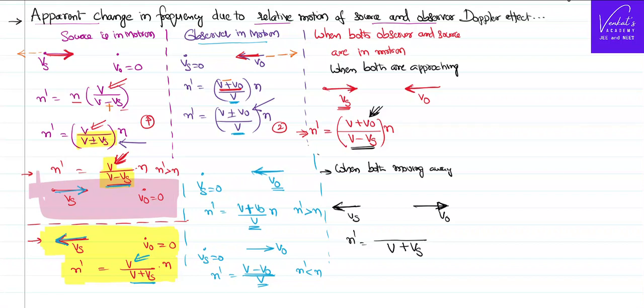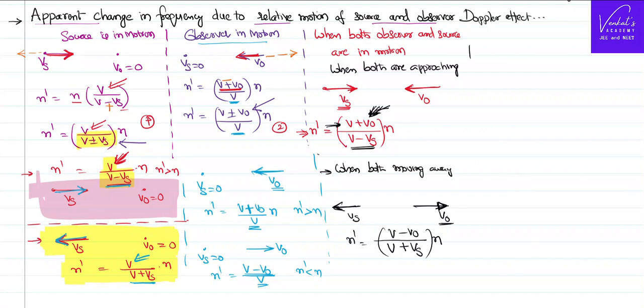As the observer is also going away, the apparent frequency has to be less. The observer term is in the numerator, so to have a lesser value, the numerator shall reduce. So we have V minus VO of N.